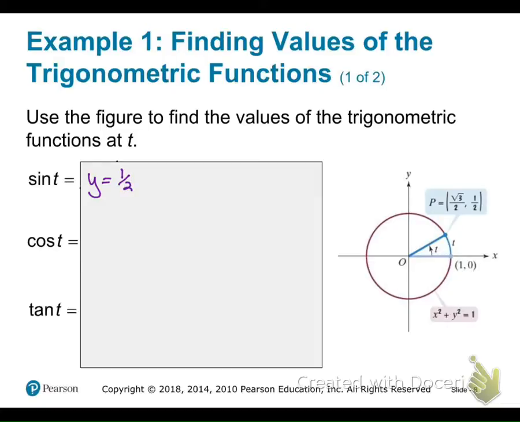Now we have cosine, which was what? Which means that my x value is perfect. And then we have tangent. And what's tangent? Y over x, which is equal to 1/2 over the square root of 3 over 2, which is the same thing as 1/2 over.